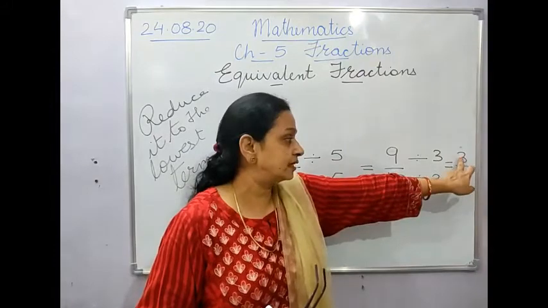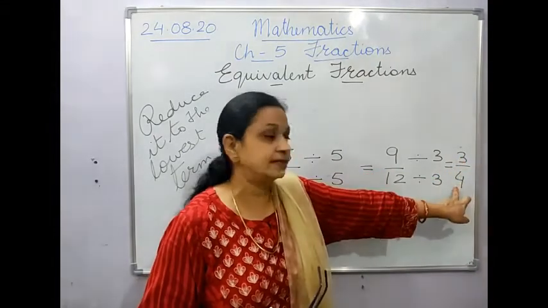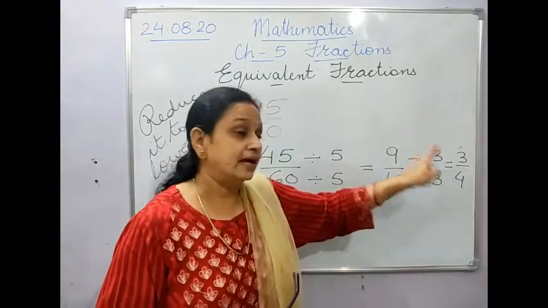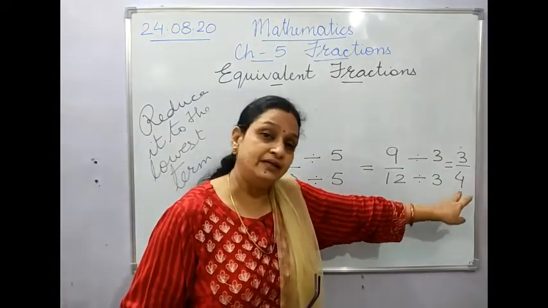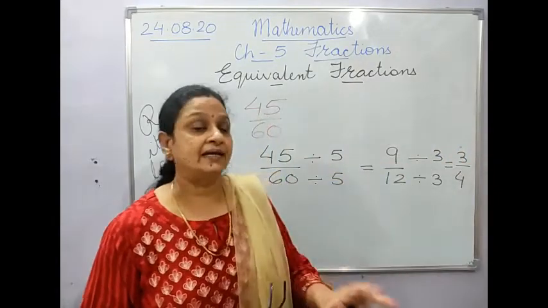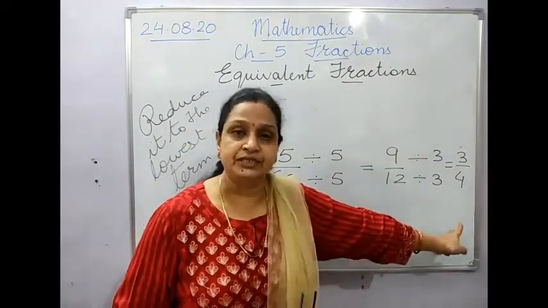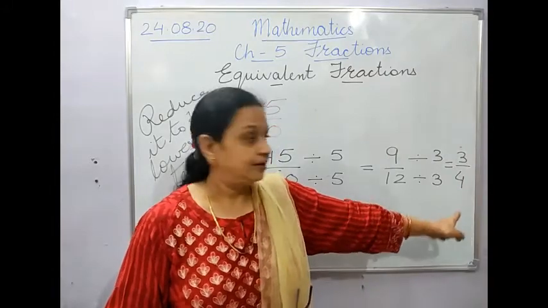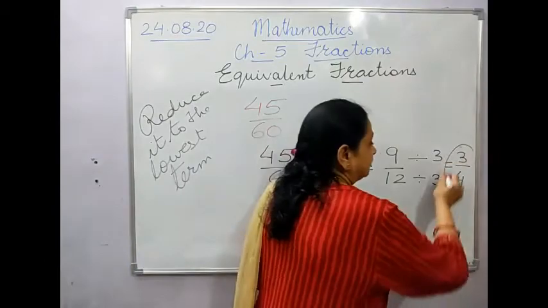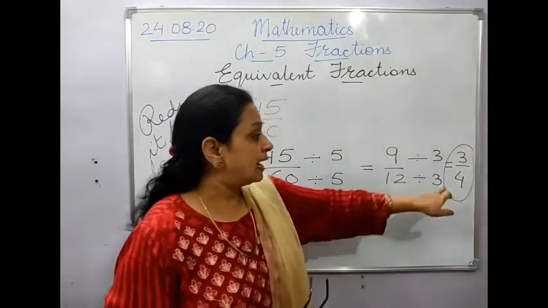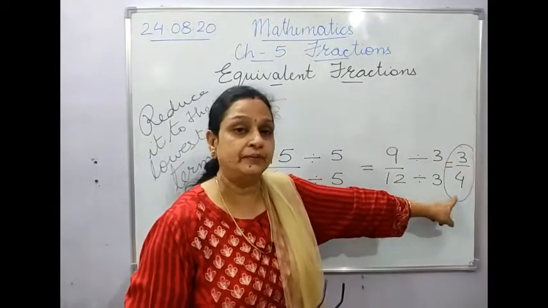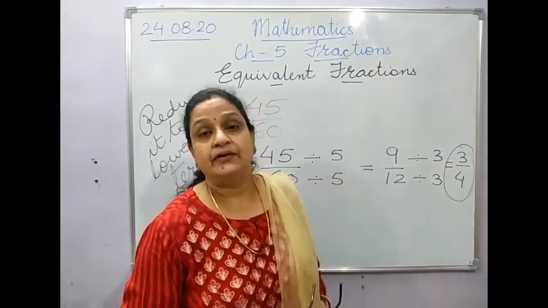Even if one number is a prime number and one is composite, then as soon as there is a prime number, understand that it is the reduced term. Now you cannot divide by any number except 1. 1 we will not be taking. And this is the prime number. As soon as you reach a prime number, any of them, that means it is the reduced term.